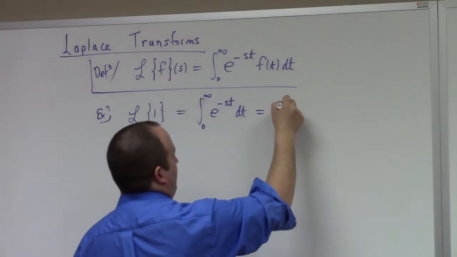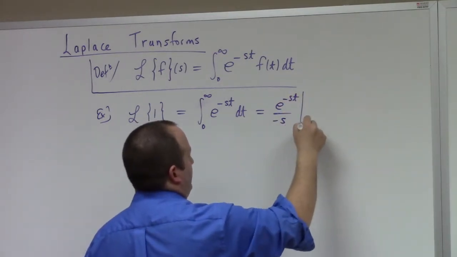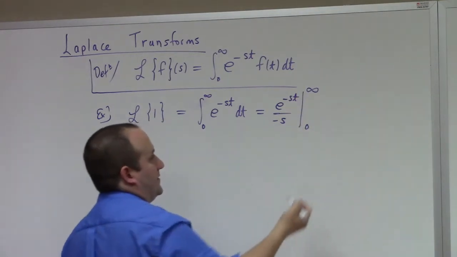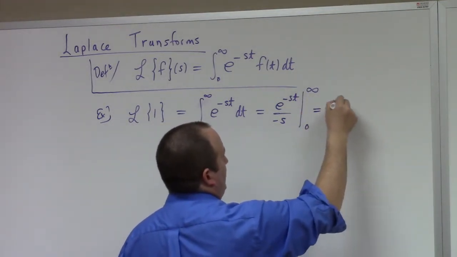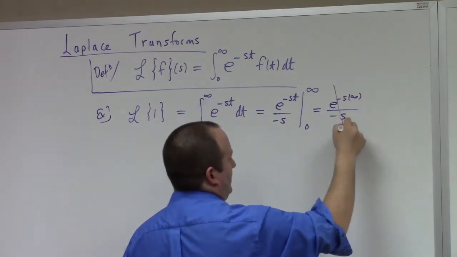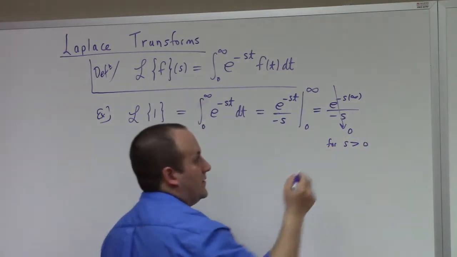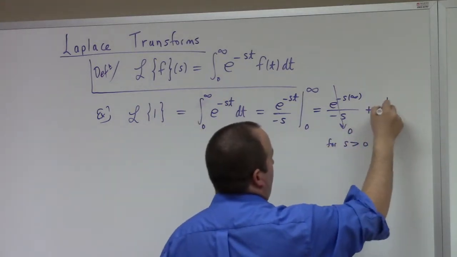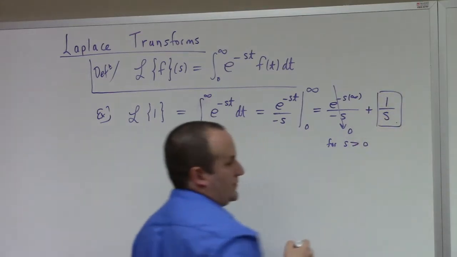So we have e to the minus st over minus s evaluated from 0 to infinity. Of course, I mean a limit here, but this is e to the minus s times infinity over minus s. That goes to 0 for s greater than 0. And then we get plus 1 over s. So there you go. The Laplace transform of 1 is just 1 over s.